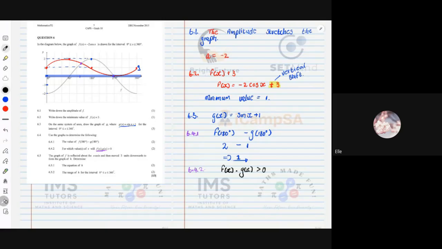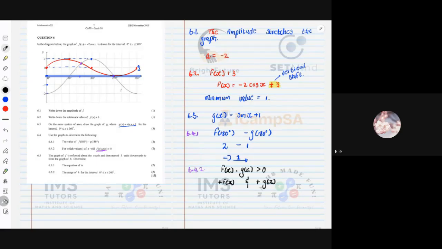We're going to use the graphs to determine this, so we're essentially looking for both positive f at x and positive g at x values.